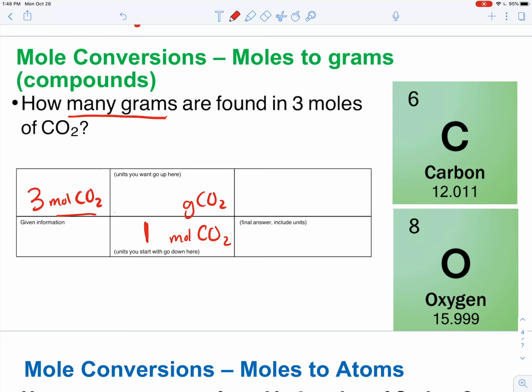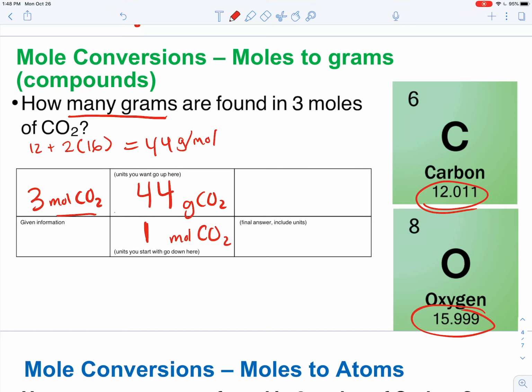For every 1 mole, how many grams of carbon dioxide? We have to go through another extra step here and add up all of these atoms. 1 carbon is 12, plus I have 2 oxygens, each one has a mass of 16. 12 plus 32 is going to be 44 grams per mole.